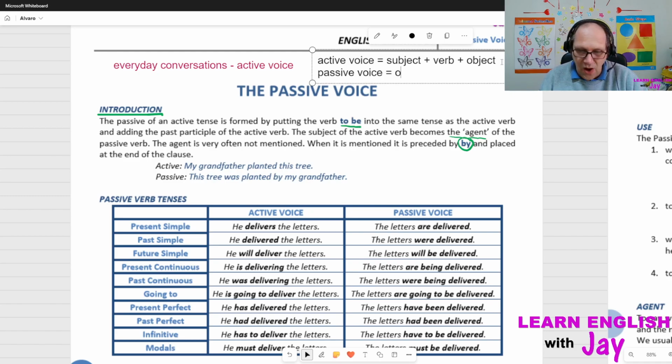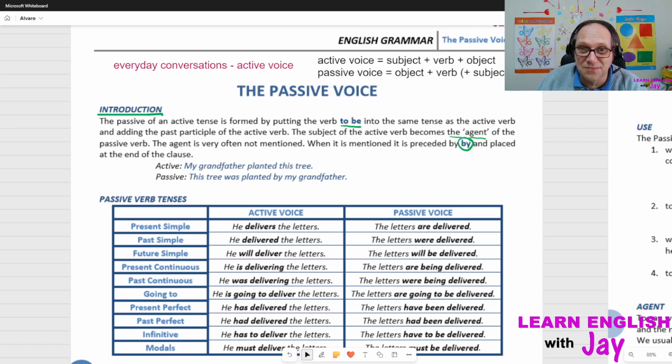Now it's going to be object plus verb, and if the agent is important, then you can add that on. That's why I'm putting that in brackets. So that's the basics. Active voice is a subject, a verb, and an object. Passive voice is an object, a verb, and the subject.